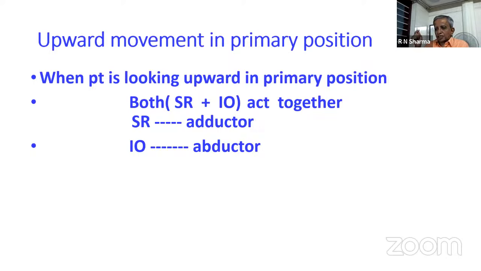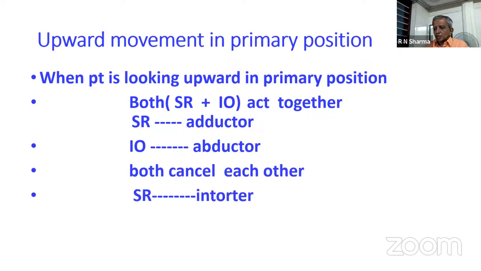So adduction and abduction cancel each other. For example, in the right eye, the superior rectus is an adductor and inferior oblique is an abductor. So when you elevate, the adduction action of superior rectus and the abductor action of inferior oblique are cancelled, and therefore it can elevate the eyeball straight away without any adduction or abduction.